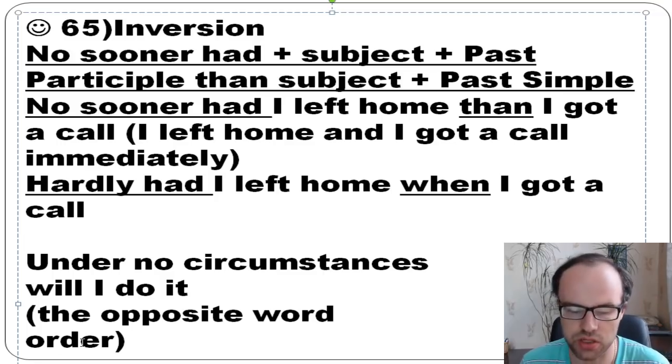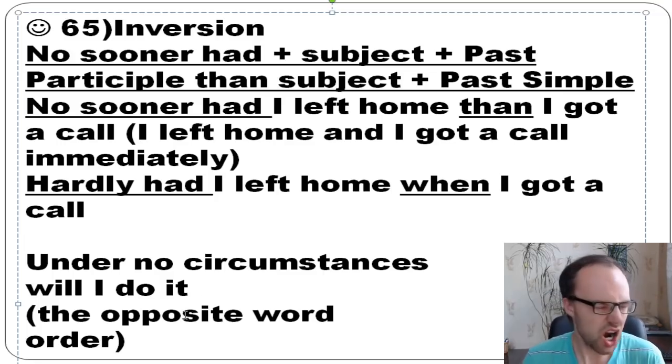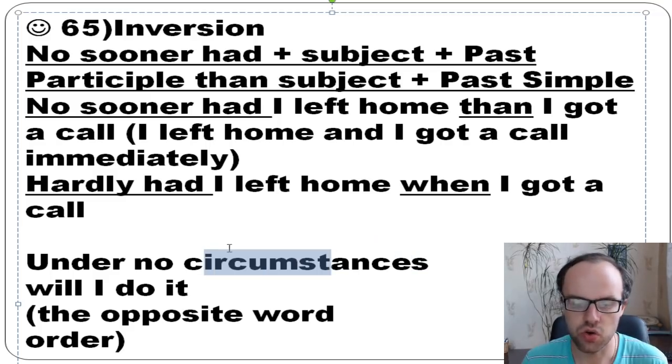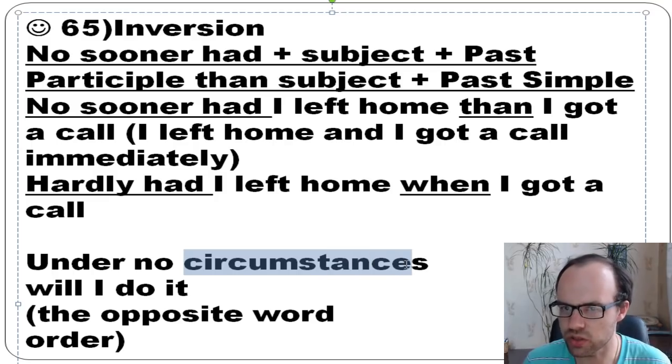Under no circumstances will I do it. It means I will never do it, okay? What does circumstances mean? It means different situations. So maybe there will be different situations, but I will never do it, okay?